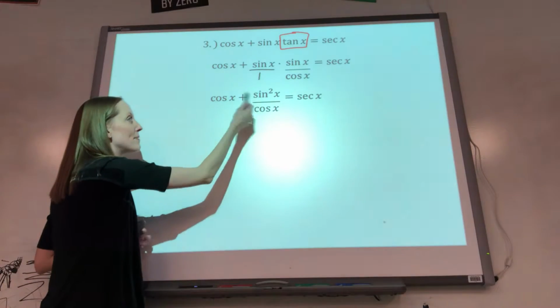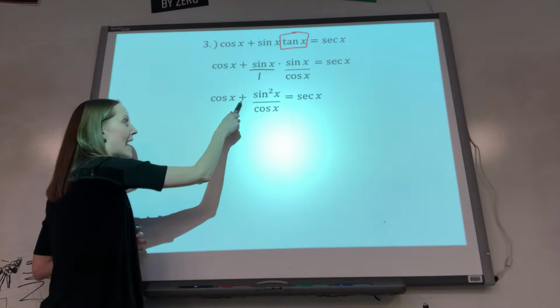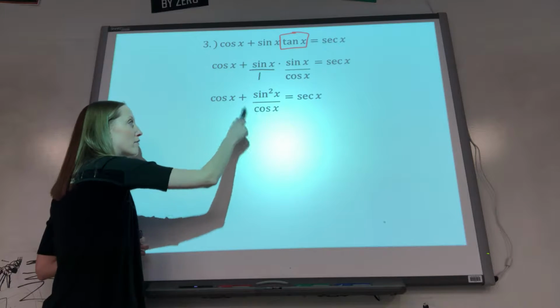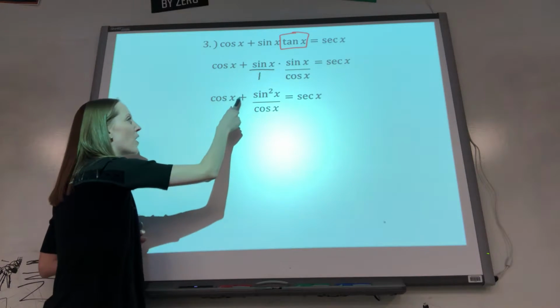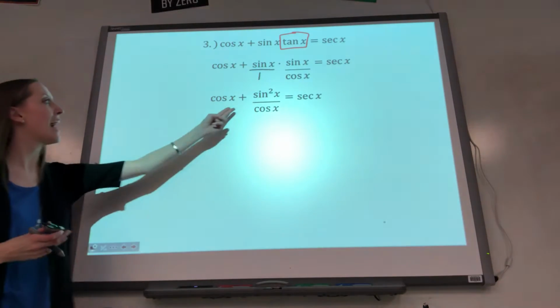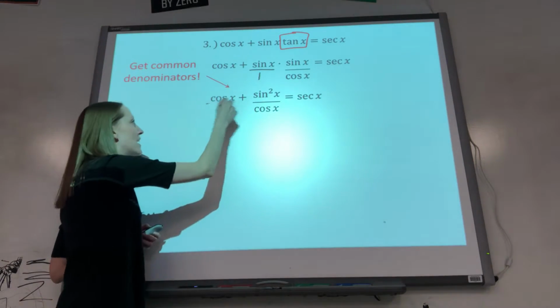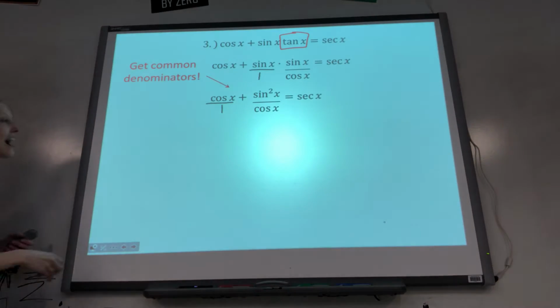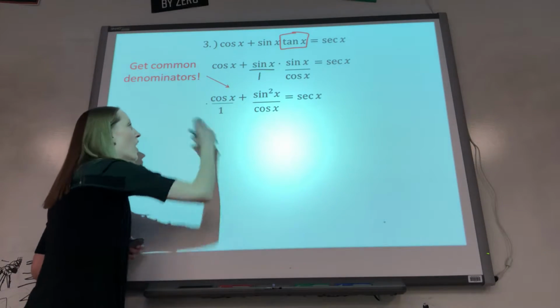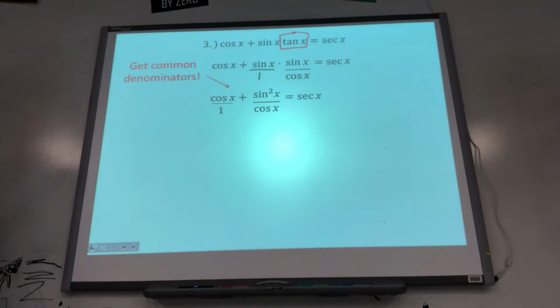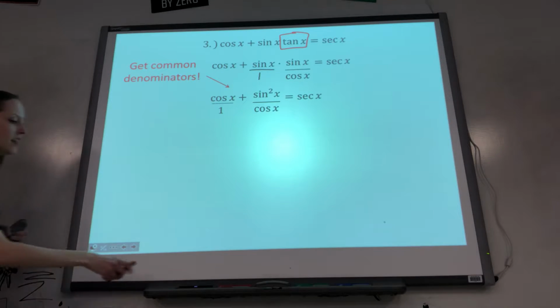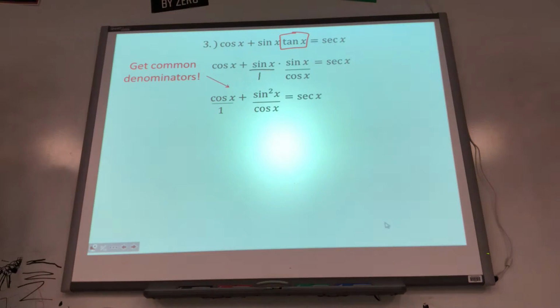And if you want to be technical here, this is like adding with fractions. What do we always need in math if we add fractions? Common denominators. You can stick that cosine of x over 1 and then think about what your least common denominator would be.